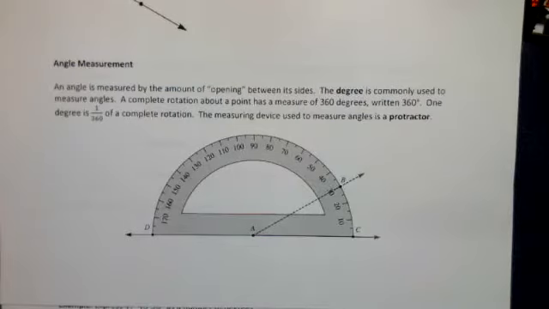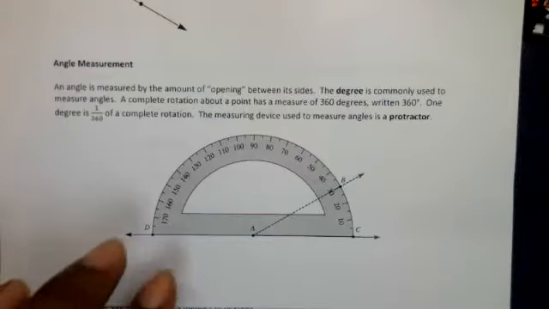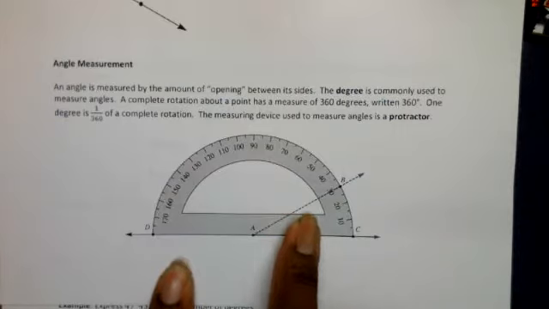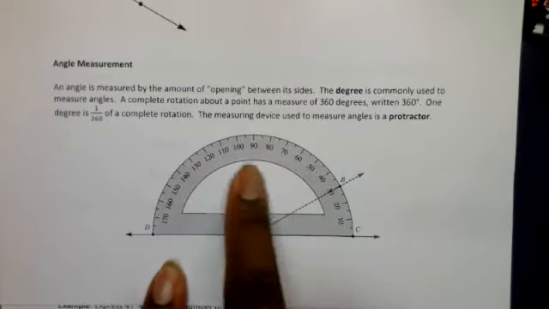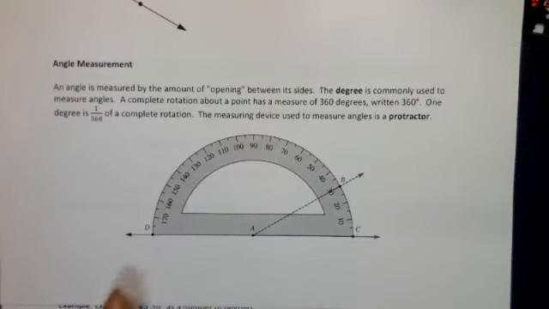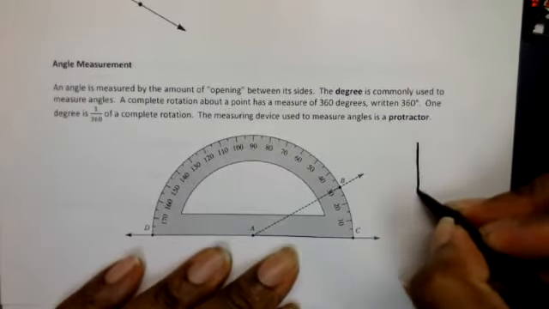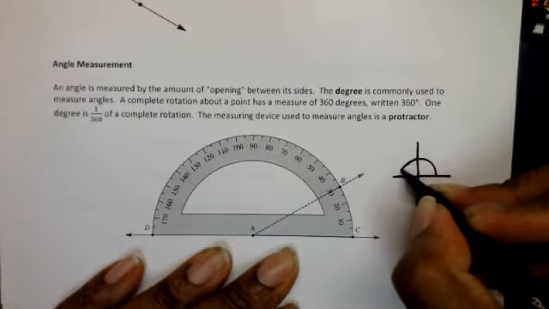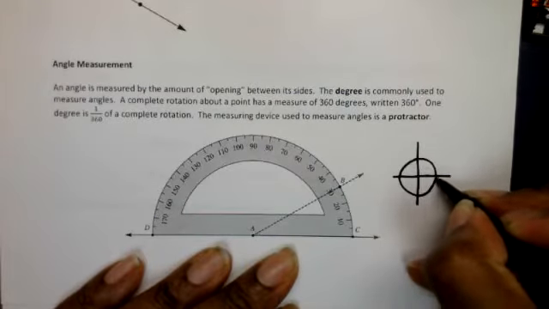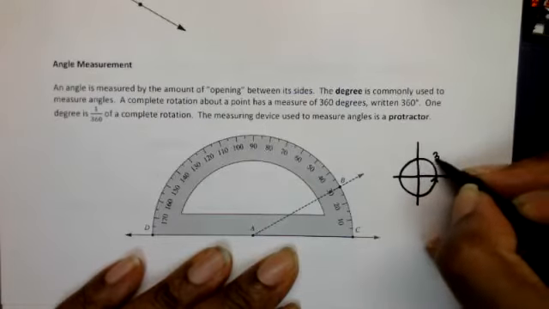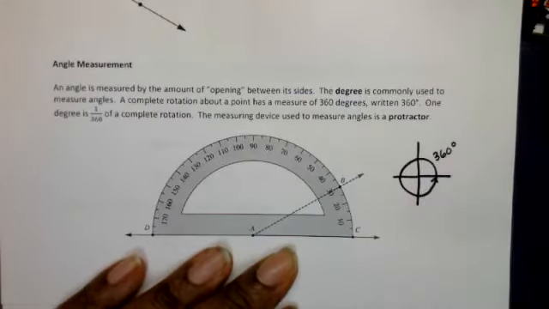The measuring device used to measure angles is a protractor. So here's an illustration of what a protractor looks like. It goes from 0 all the way up to 180 degrees. And by the way, one complete rotation has a measure of 360 degrees.